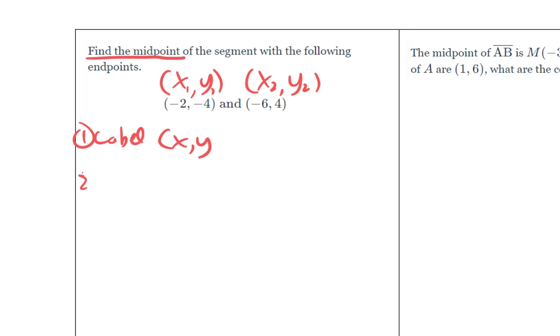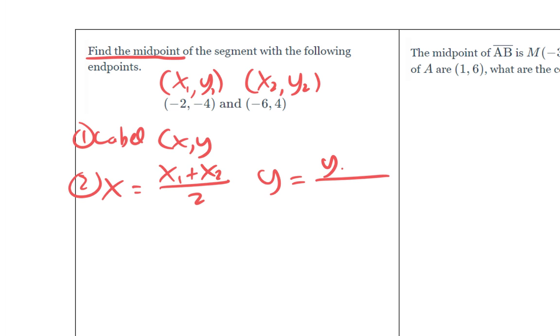For the x, we're going to add the x1 plus the x2, divide by 2. And for the y, we're going to say y1 plus y2 divided by 2. Then we're just going to write it as x comma y.